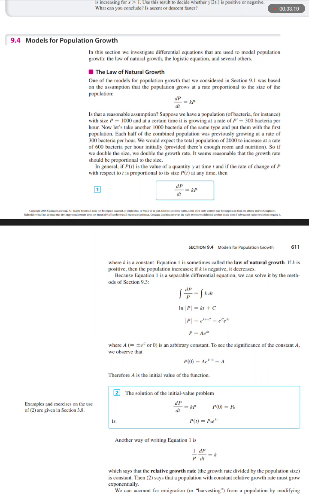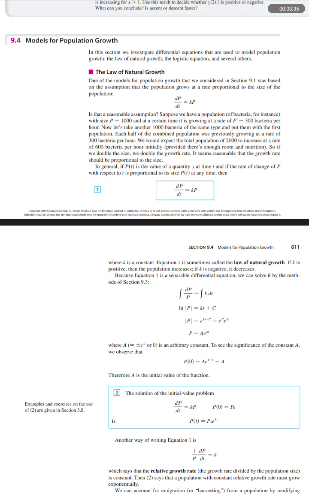P equals A times e to the power kt, where A, equal to plus or minus e to the power C, or 0, is an arbitrary constant.